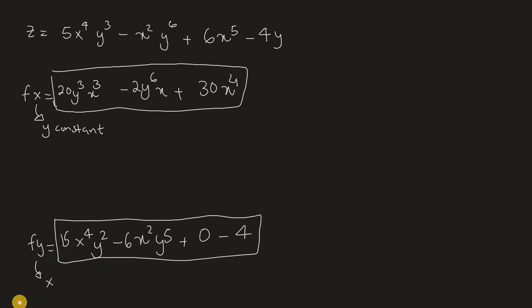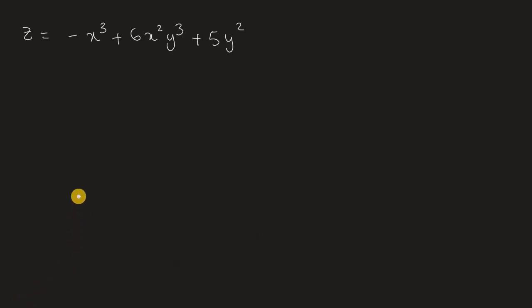Alright, let's do another problem. Alright, so this is the last example. So here notice we're again given x and y, so we're differentiating this function with respect to x and with respect to y. So here treating y as a constant, so differentiating x only.